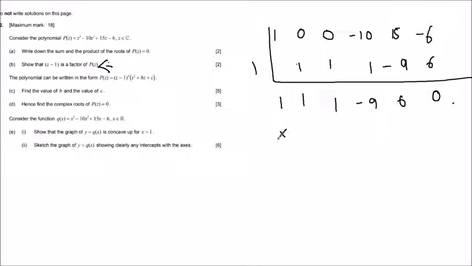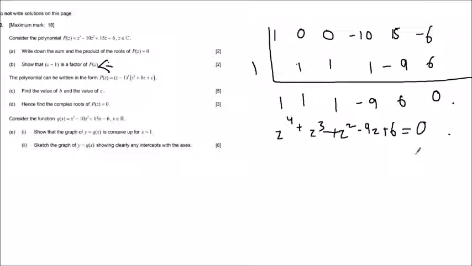So this will give me z to the 4th plus z to the 3rd plus z squared minus 9z plus 6 equals 0.